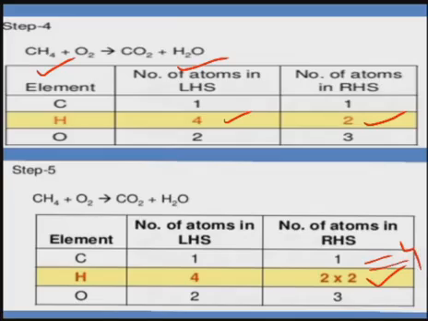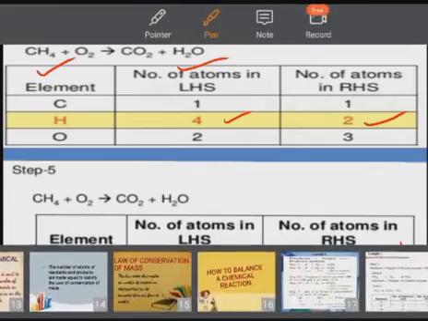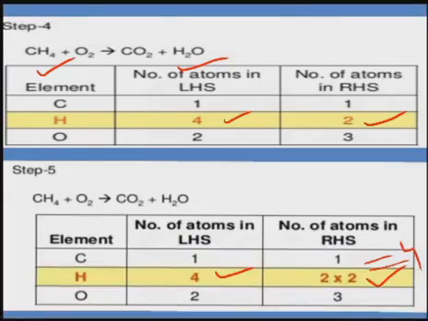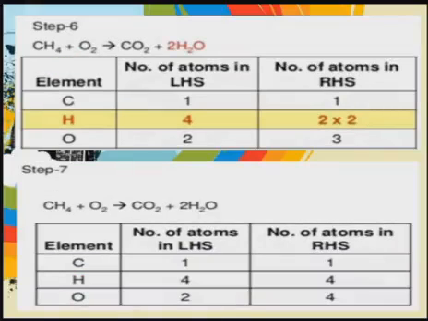So our number of hydrogen atoms is balanced, that is 4 and 4. So we will write 2 here as a coefficient, because we have multiplied by 2.